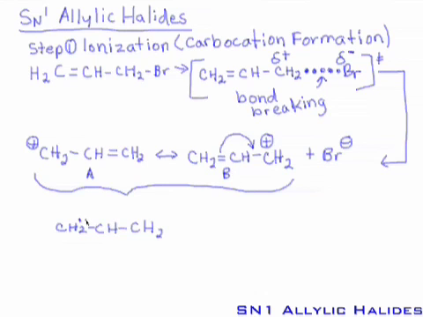The pi bond extends right across, and the plus is smeared out over 2 carbons. The spreading out of the positive charge over many atoms stabilizes this molecule and has a large impact on the reaction. So in actual fact, structures A and B don't exist. What exists is the resonance hybrid.